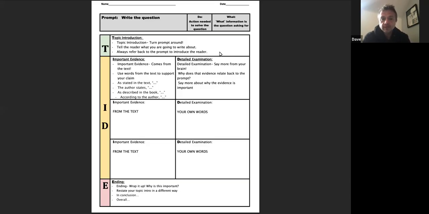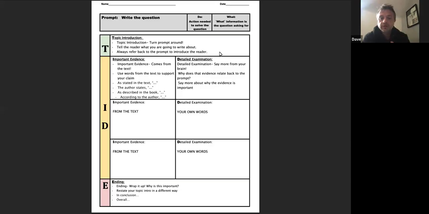So when you write this, please remember, you are answering the writing prompt. So your topic sentence, your topic paragraph will always go back or refer back to the writing prompt. So we're going to reword our writing prompt to tell the reader what we're going to write about. It's that what part, okay?